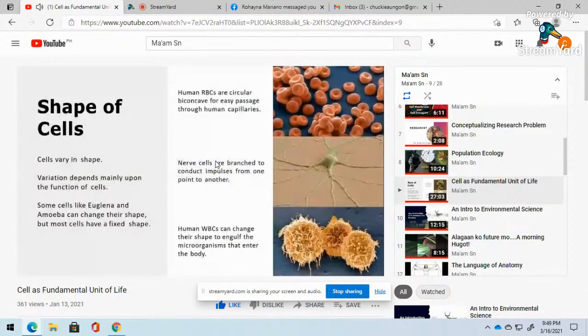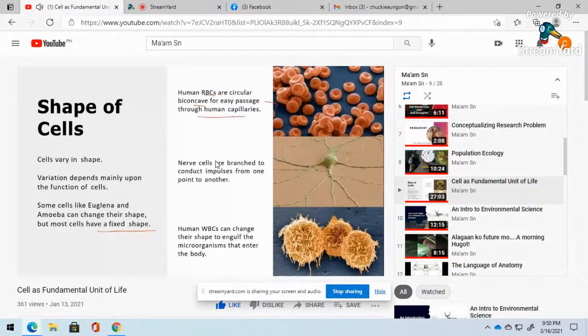So cells also vary in shape. Now variation depends mainly upon the function of cells. Some cells like euglena and amoeba can change their shape, but most cells have a fixed shape. So human red blood cells, for example, are circular biconcave for easy passage through human capillaries.